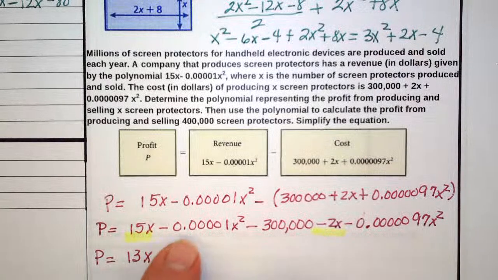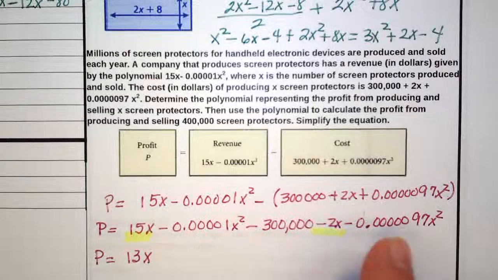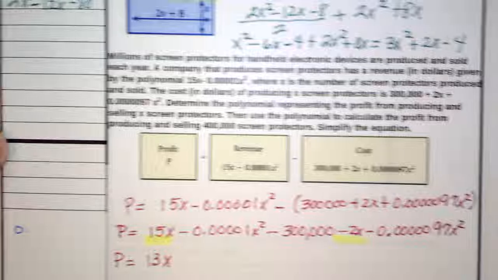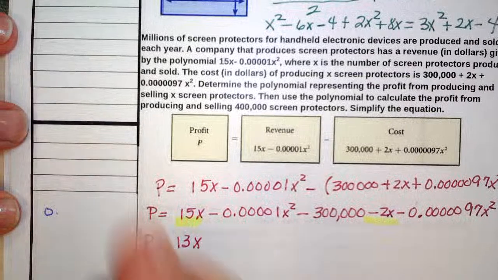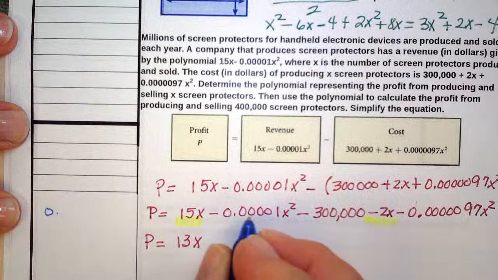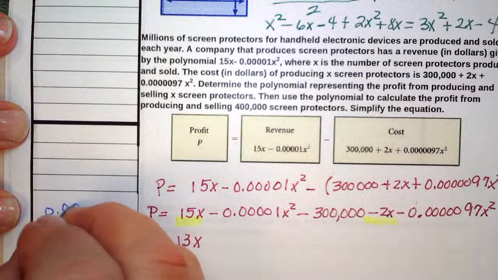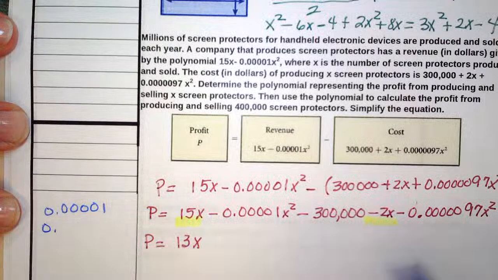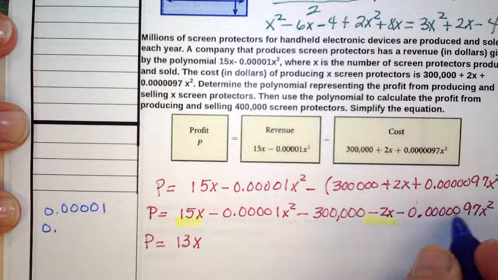I've got negative 0.00001x squared, negative 0.000097x squared. So I will combine them with addition. Look at what this looks like.